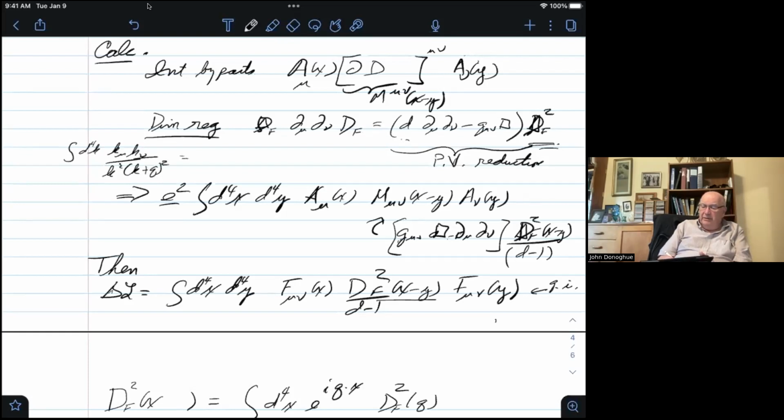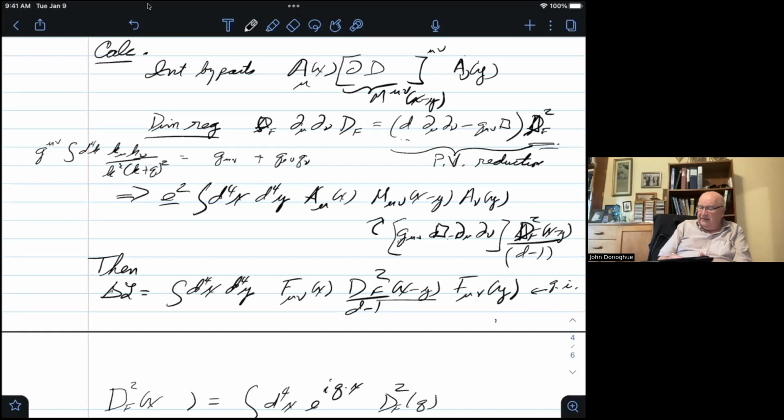There's a piece here with g mu nu in it, and there's a piece with q mu q nu, and when I'm trying to do this, I will contract these to get a scalar integral.